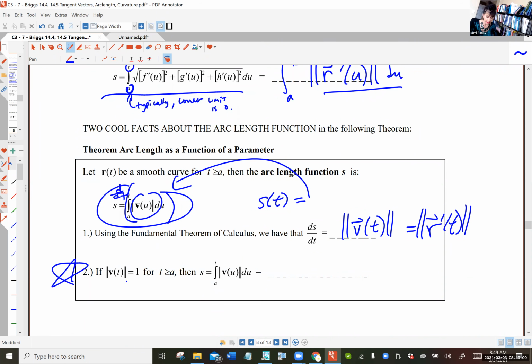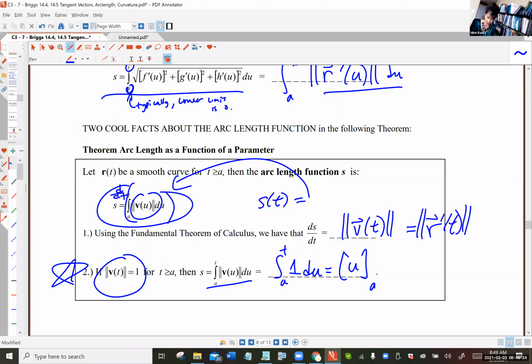Now, here's the other cool fact. This is really weird. You probably don't buy it, but it's true. If your speed, the magnitude of velocity, is 1, and that's rare, because usually it's some scalar function of t, but if it is equal to 1, then when you do this arc length function, I'm just integrating 1 with respect to u. Well, that's just going to give me u.